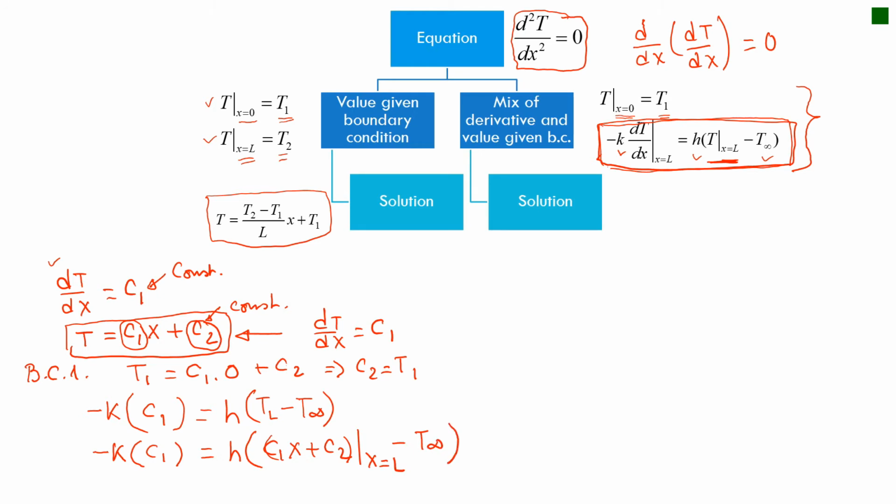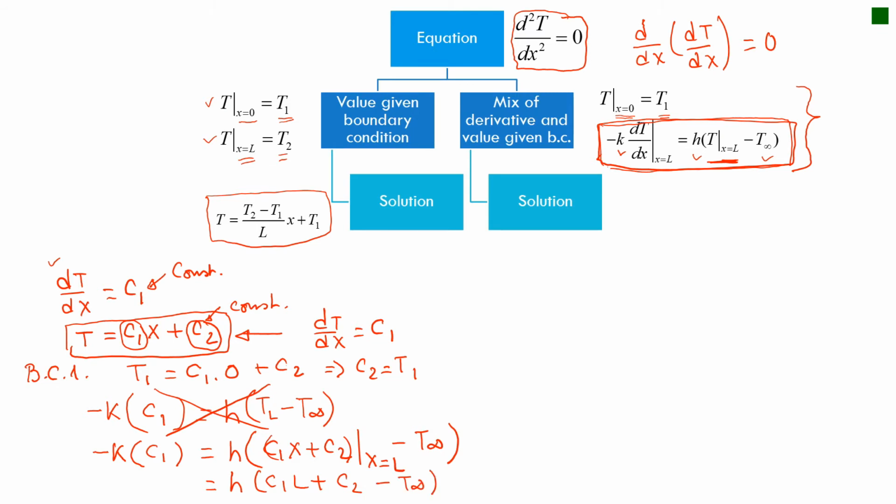So this other one is just plain wrong, because it's bringing in some other variable that we have not even defined. So once we write this, this is equal to h times C1 L plus C2 minus T infinity.